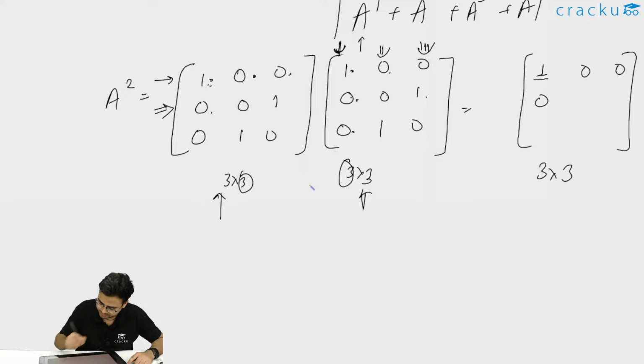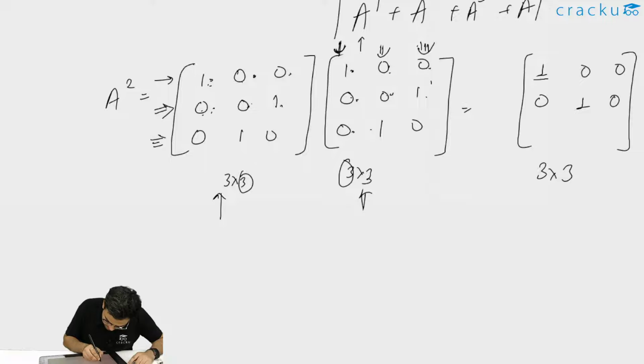So this will be 0. Second row second column: 0 into 0 is 0, 0 into 0 is 0 and 1 into 1 is 1. 0 plus 1 is 1. So this element will be 1. Now second row third column: 0 into 0 is 0, 0 into 1 is again 0 and 1 into 0 is again 0. So this will be 0.